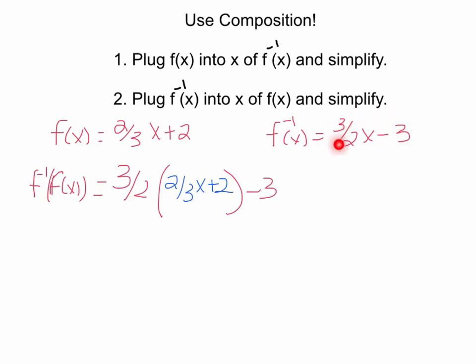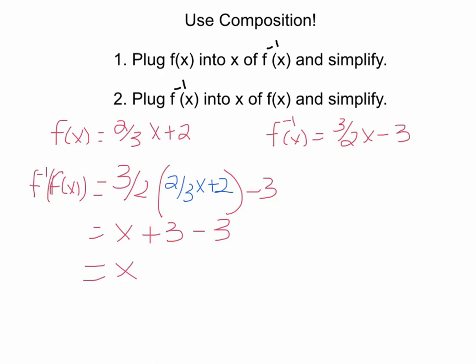So again, here's the inverse, and we plugged f of x into here, okay? So we started with the original, plugged it into the inverse, now we're simplifying. So 3/2 times 2/3, that's just 1, so we just end up with 1x. And then 3/2 times 2 is just 3. And then we have this minus 3 at the end, so my answer is x.